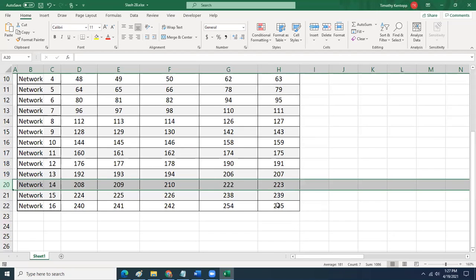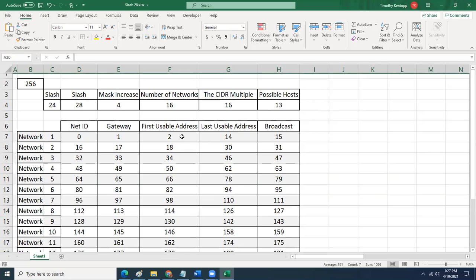I collapse all of these other subnets. The broadcast is 255, and the usable addresses run from 2 to 254. So anybody on an address from 2 to 254 can all see each other. They can all get into each other's Kool-Aid.